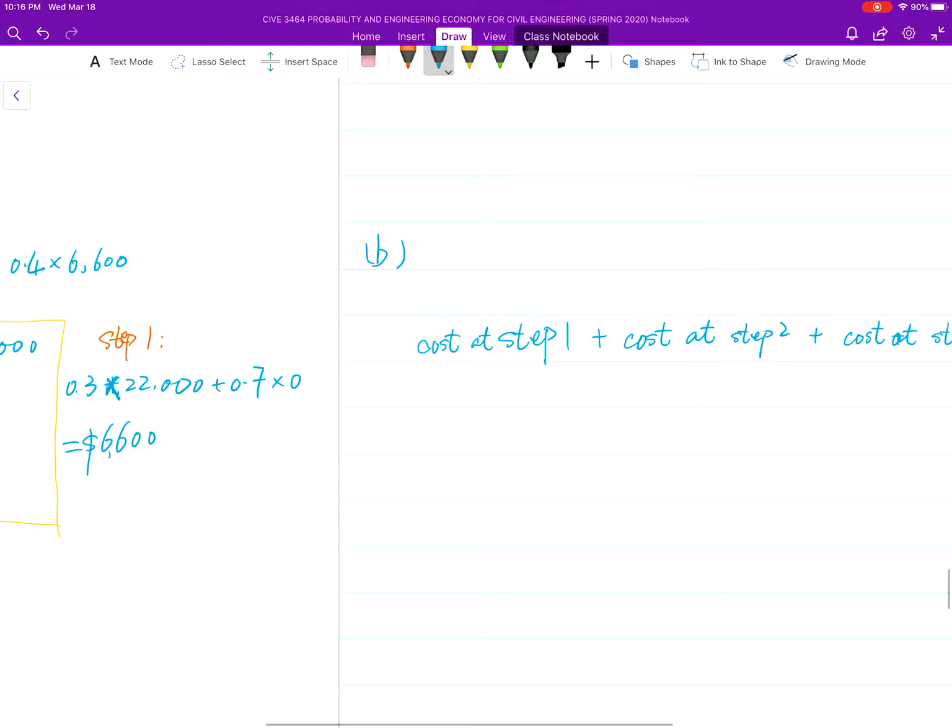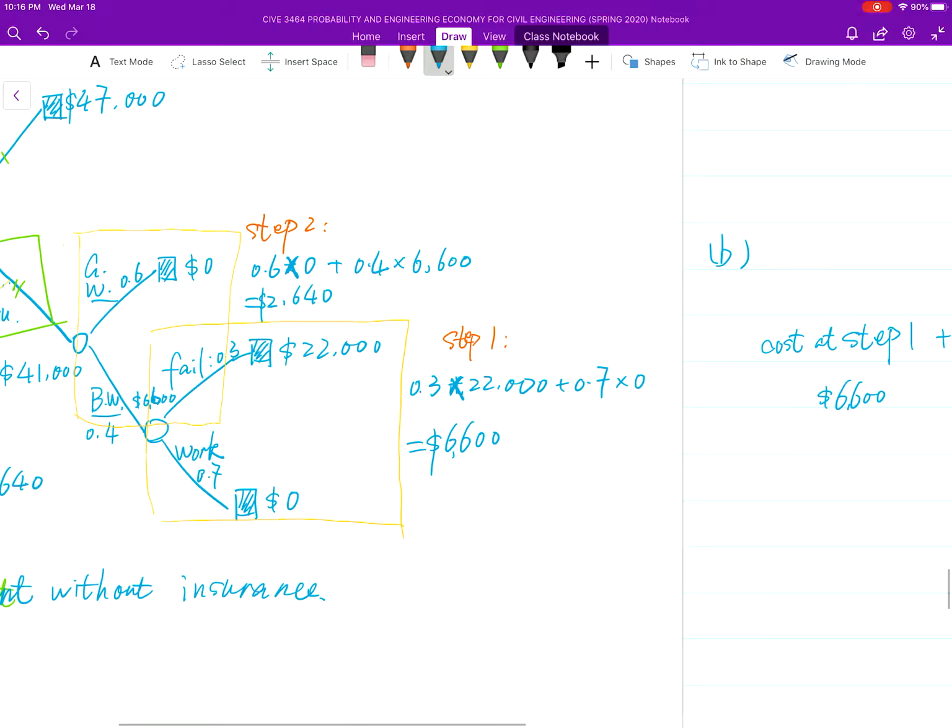That's how we calculated before. The cost at step 1 is still 6,600. Before, we used 6,600 multiplied by 0.4.